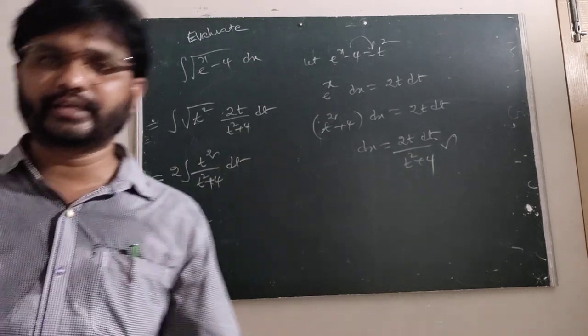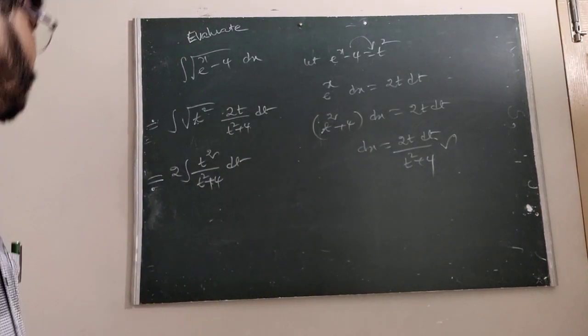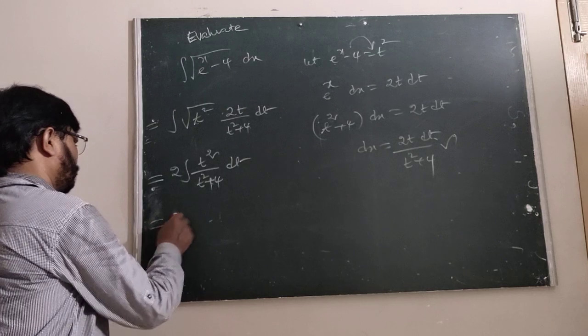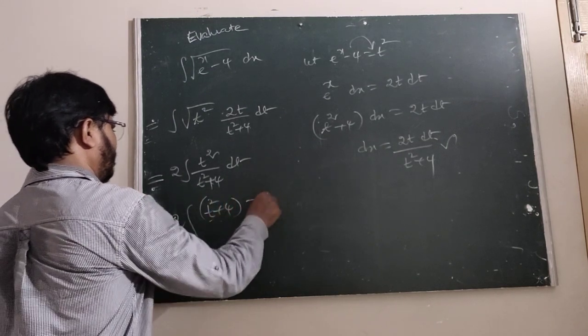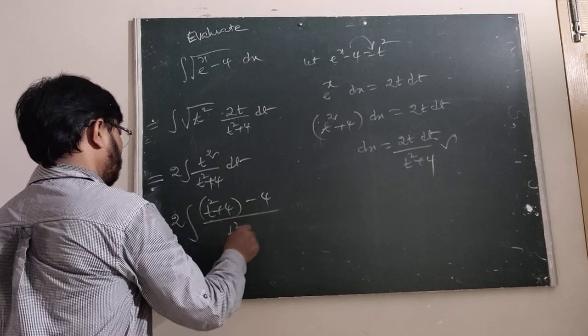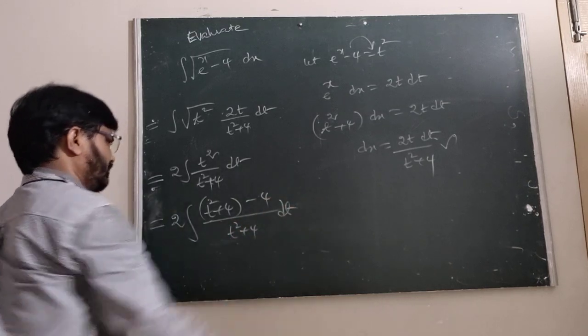Now we can add and subtract 4. Then it will be 2 into the integral of t square plus 4 minus 4 by t square plus 4 dt. Is it okay?